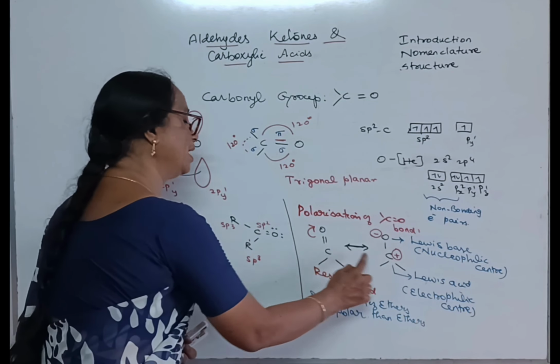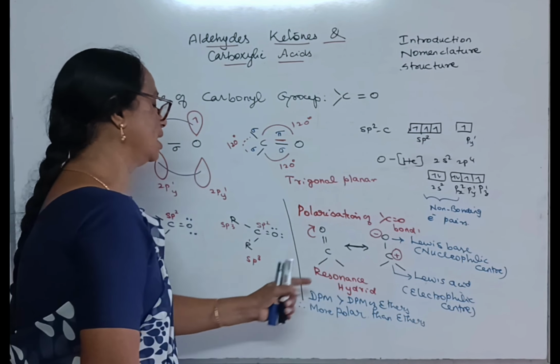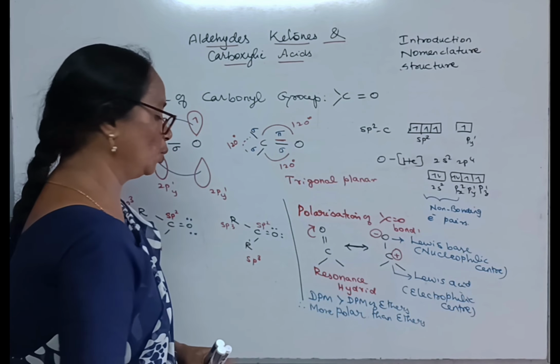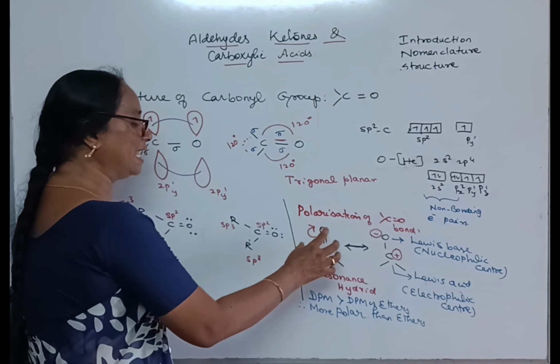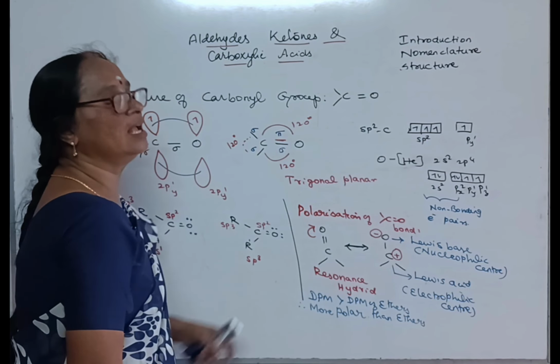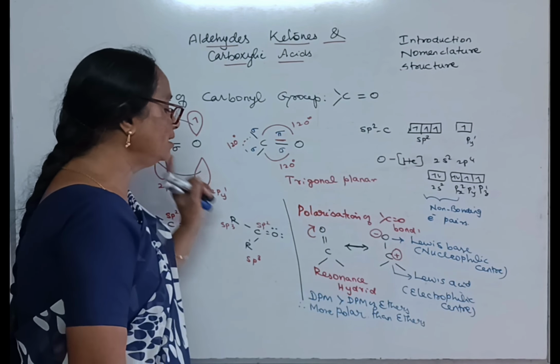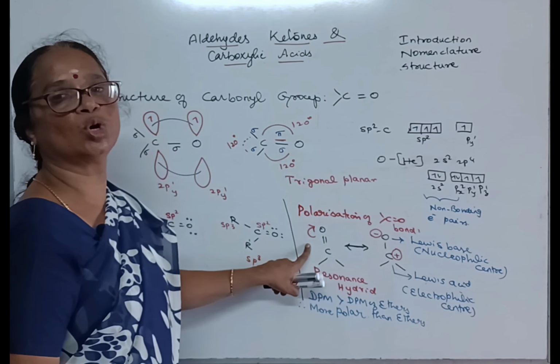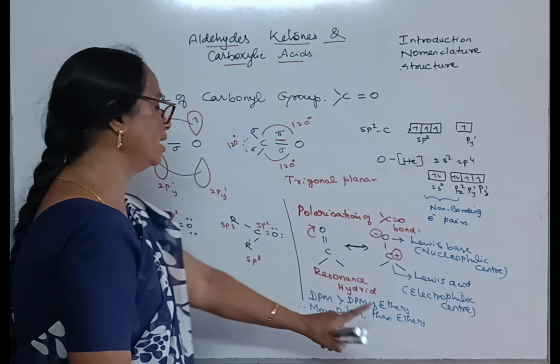That can be represented by two structures, called the resonance hybrid of the carbonyl group. In this case, the dipole moment of carbonyl is much greater than that of ethers. Therefore, the polarity of the carbonyl group is also much higher than ethers.